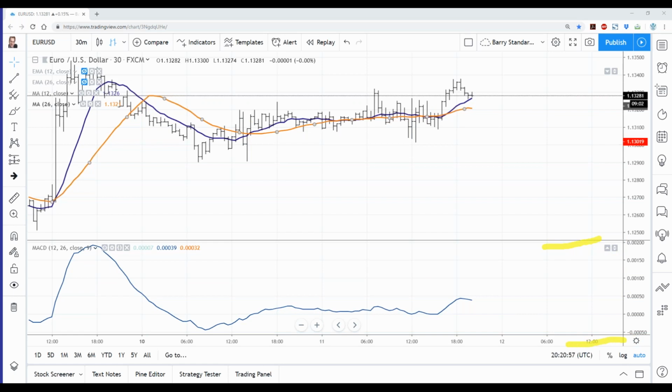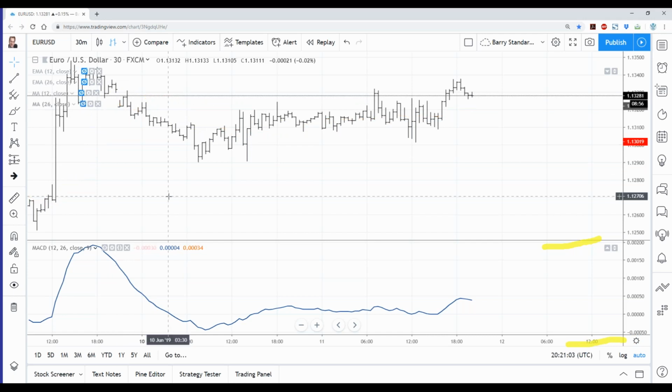So technically, we no longer need these two moving averages, because MACD is not placed on the price chart itself, it's placed below. And so this blue line that we see now below is the value of the two moving averages subtracted from each other, because we are moving away from the moving average crossover strategy.